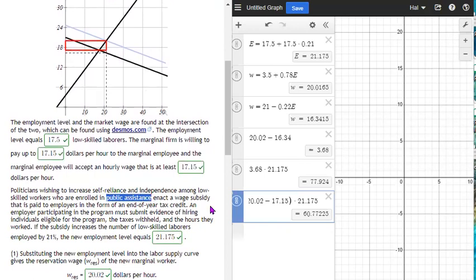So the government wants to shift them from public assistance and no work to essentially public assistance and a work, right? So this program, if this red box is smaller than the direct assistance that they were paying these low skilled workers who weren't working before, then the program might be considered a success, right?